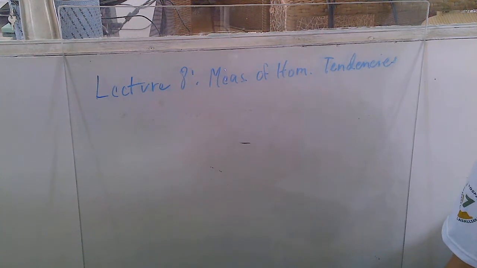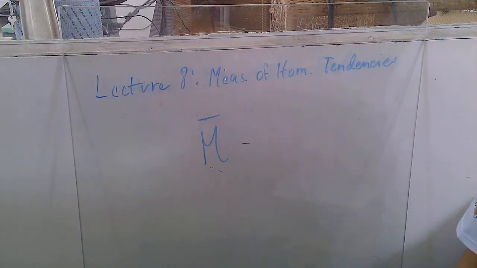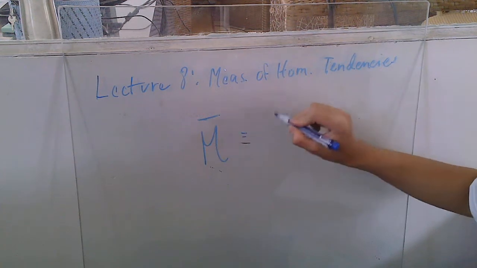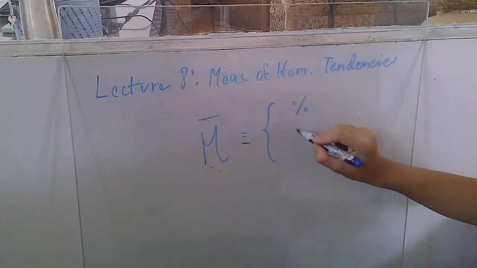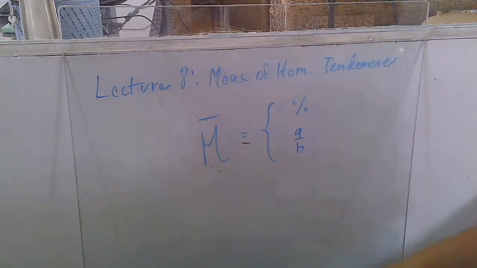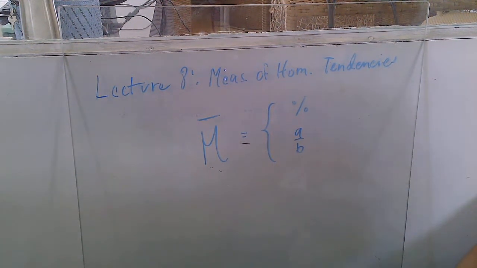And to begin, let mu bar denote the measure of homosexuality. So this can be measured in percent or in decimal form, which expresses a fraction.